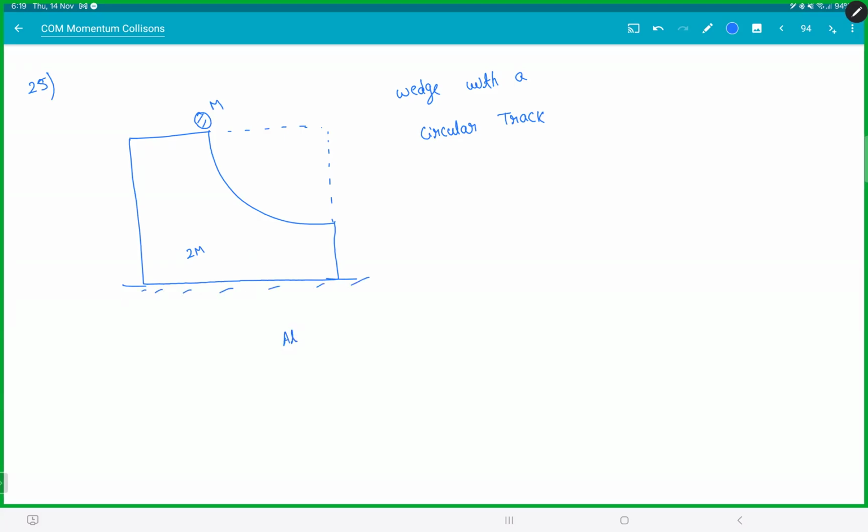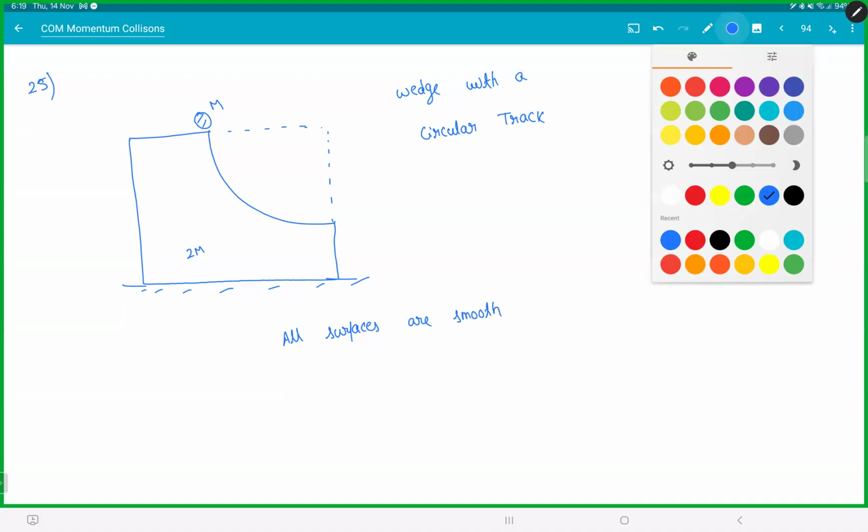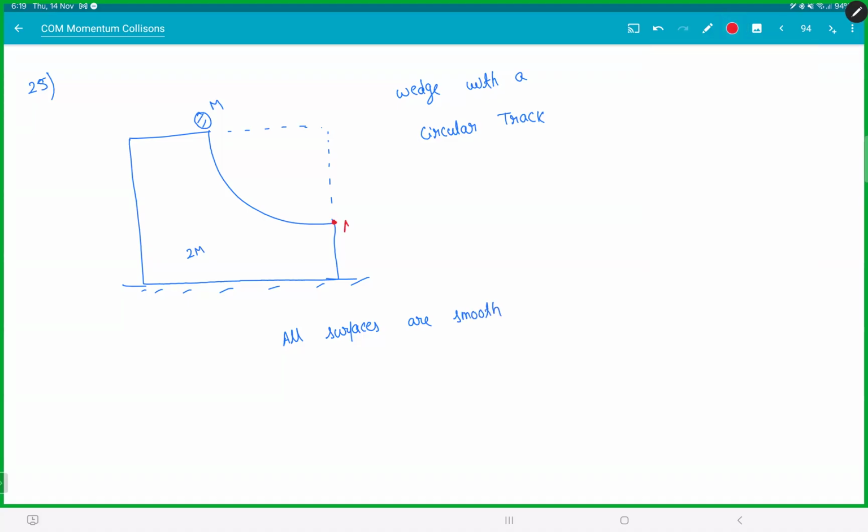All surfaces are smooth. Ground is smooth. Surface between the ball and the wedge is smooth. Everything is smooth. The ball is gently disturbed and the ball starts rolling. A is the bottommost point. Find the speed and the normal reaction when the ball reaches A.